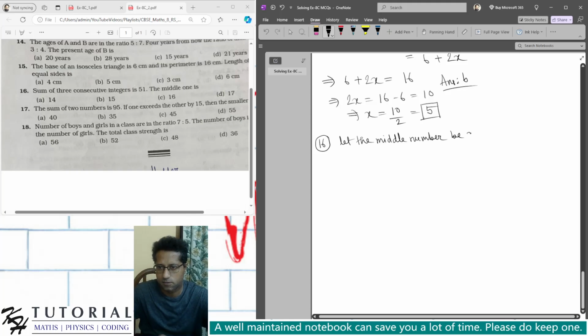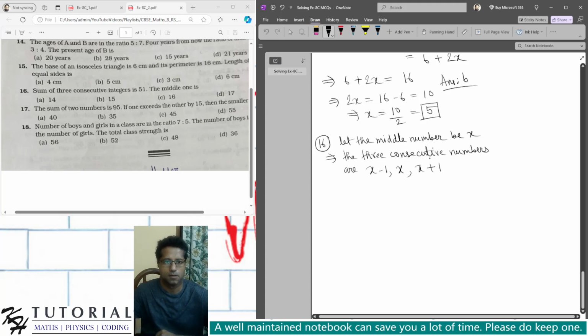This implies the three consecutive numbers are, since x is the middle number, x minus 1, x, x plus 1, since it is talking about three consecutive numbers.